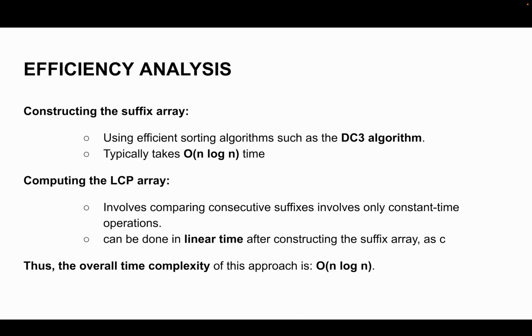Again, computing the LCP can be done in linear time. So O of n log n plus O of n is in the range of O of n log n. So the overall time complexity of this approach is O of n log n. And I am pretty sure that this is the best way to approach this problem.